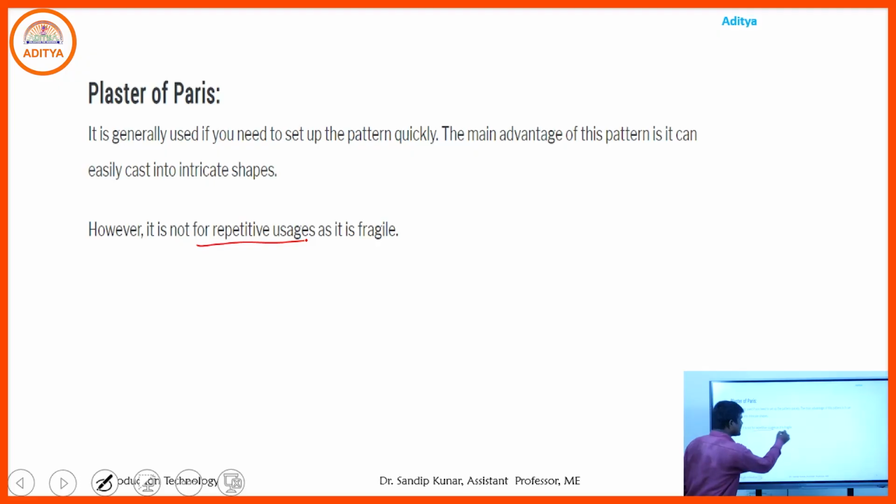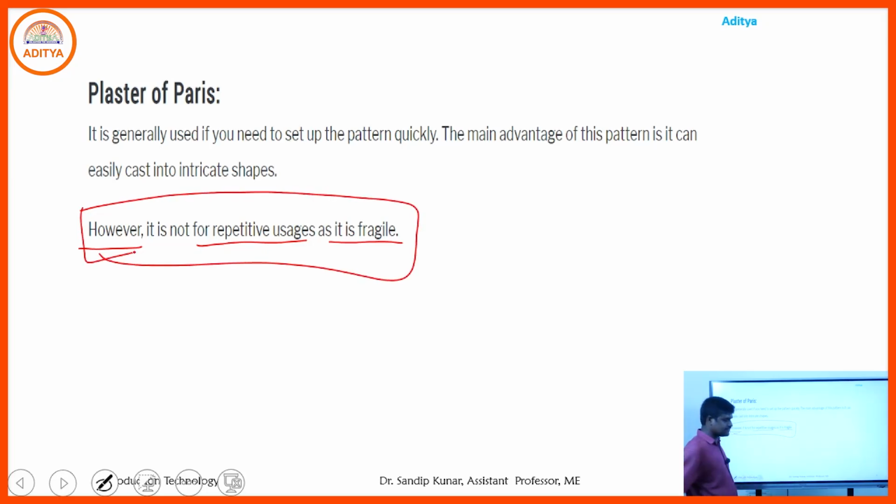Due to the fragile properties of plaster of Paris, it has no repetitive use. That is the main disadvantage of plaster of Paris material. And advantages: any type of pattern can easily be prepared using plaster of Paris. Second, any type of intricate shape can easily be prepared using plaster of Paris.